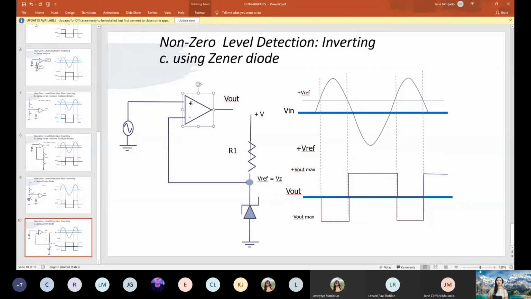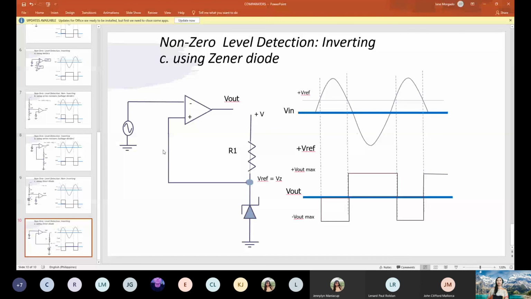So inverting, wherein your input voltage is connected at negative and the reference voltage is connected at positive.